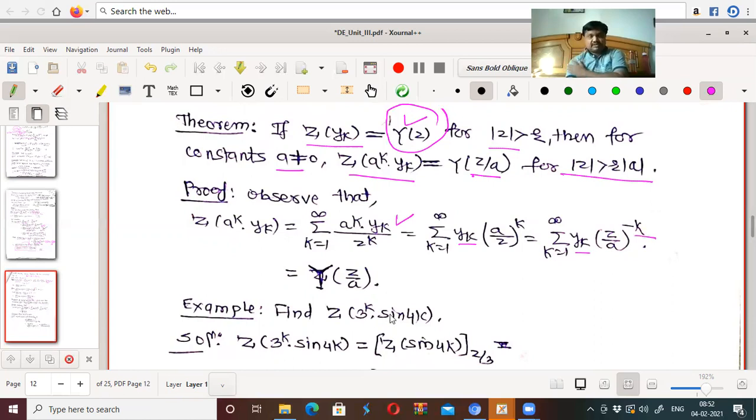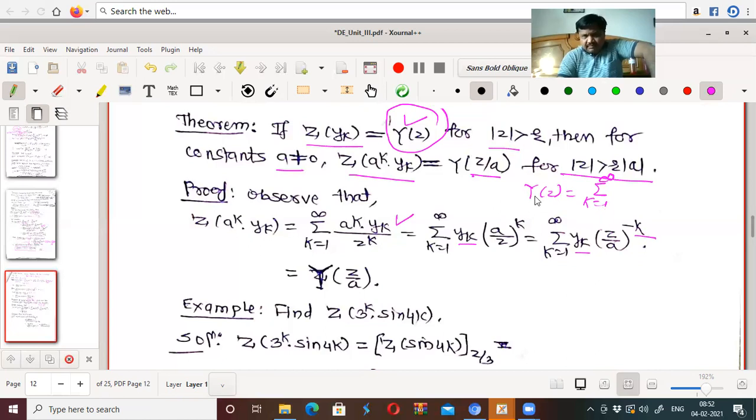And what about this now? If capital Y of z is summation from k equal to 0 to infinity, because a is not 0, that's why we are not taking here k equal to 1 to infinity.